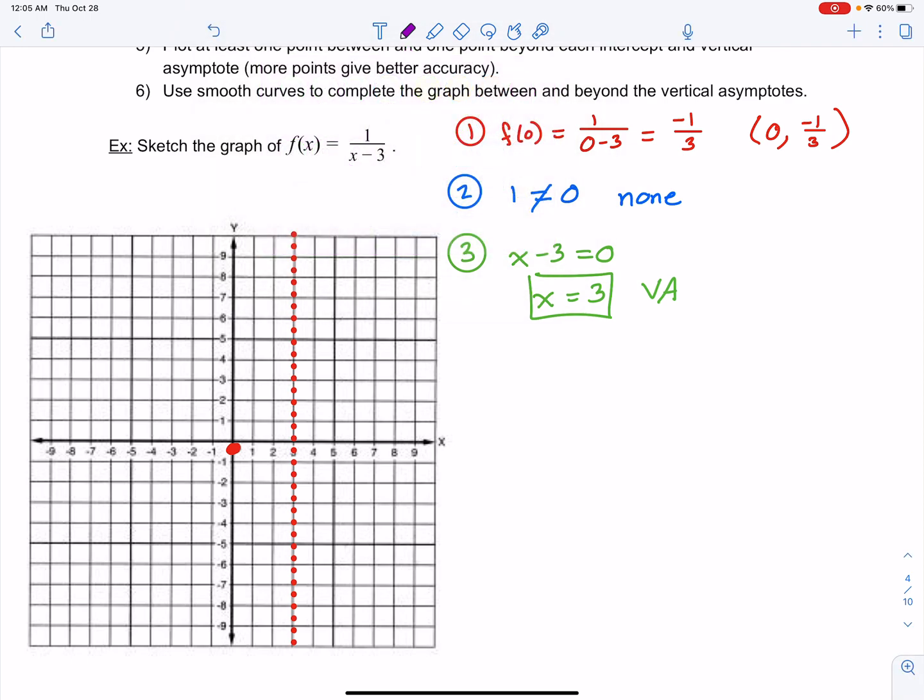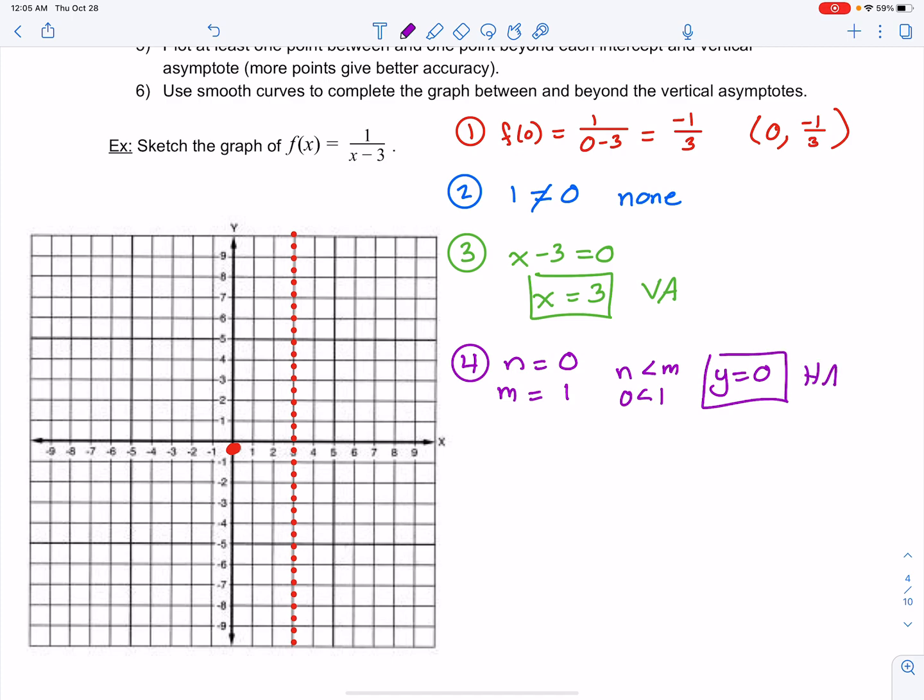And then we want to see if we have a horizontal asymptote or not. So we compare the degree of the numerator and the degree of the denominator. Degree of the numerator, we don't have any x's, so it's 0. Degree of the denominator, we have x, so it's x to the first power, or 1. So n is less than m, 0 is less than 1, which means that y equals 0 is a horizontal asymptote, according to our rules.